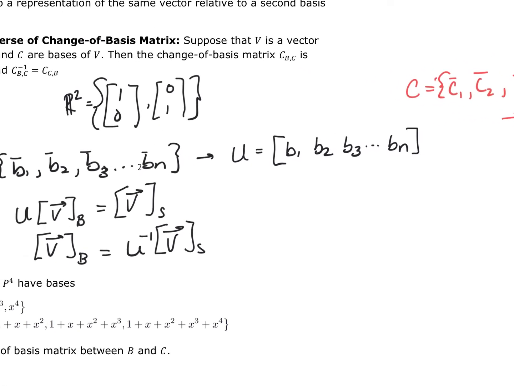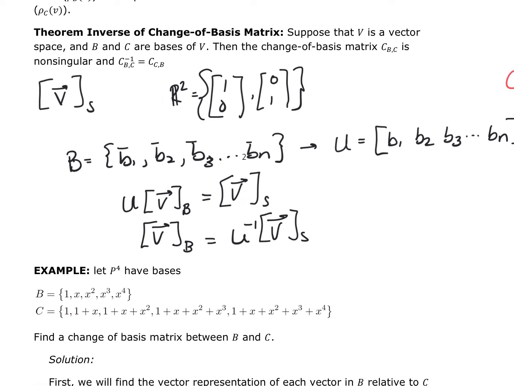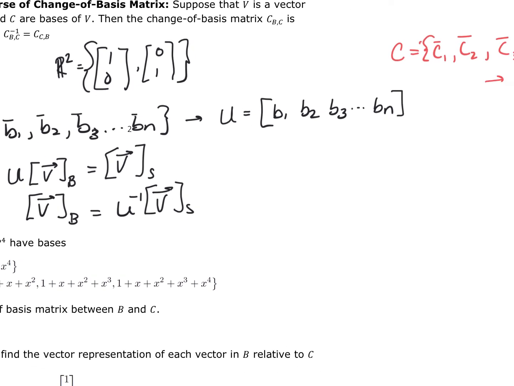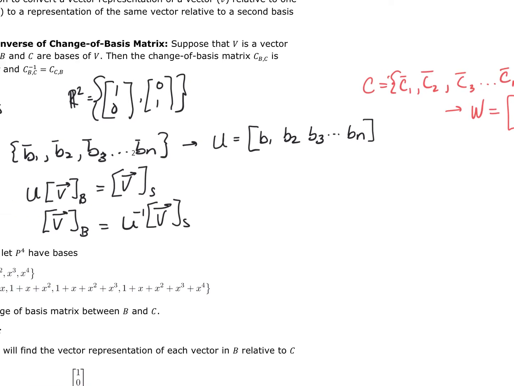Just like before over here, where we said that my matrix U multiplied by some vector V with respect to the basis B will give me my vector V with respect to the standard basis. The same thing is going to be true over here.